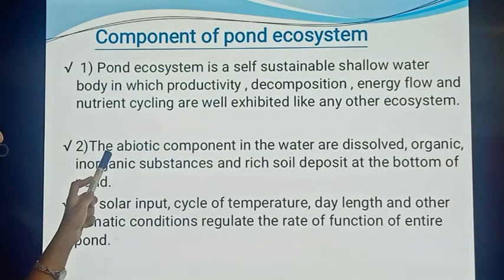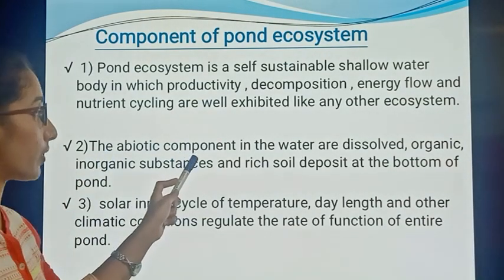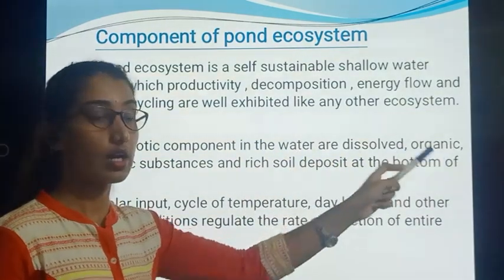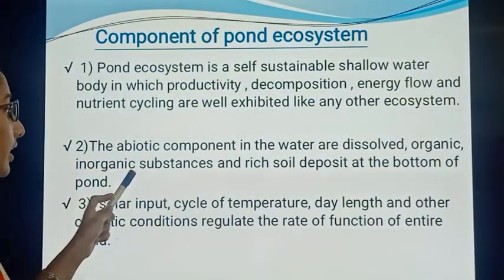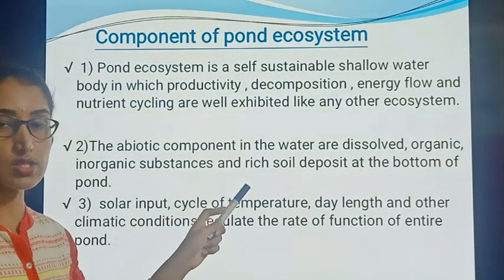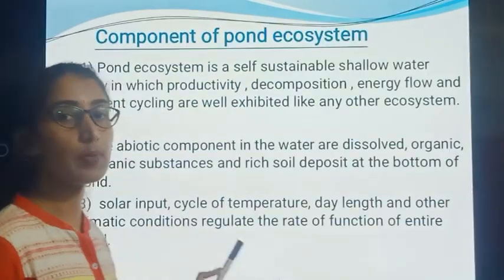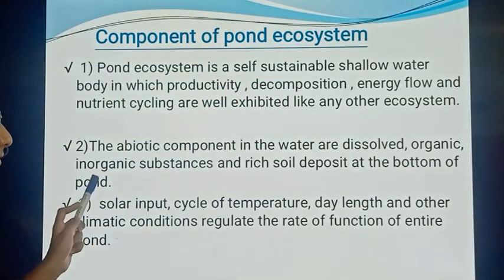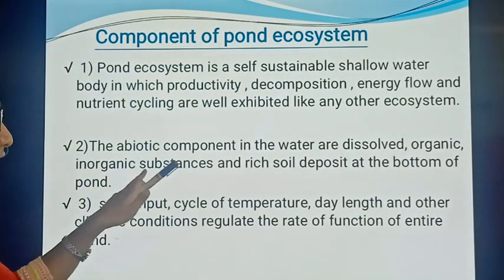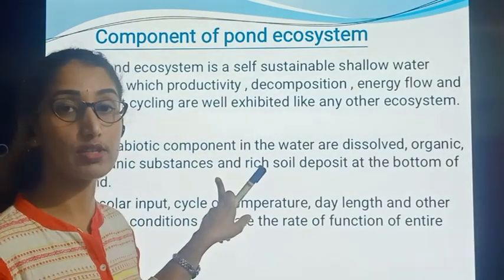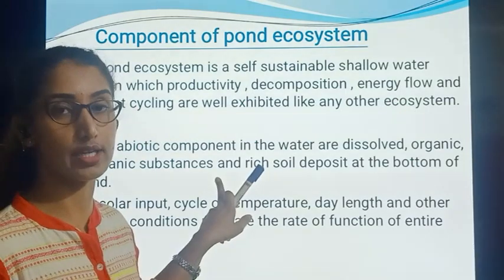The abiotic components in the water are dissolved organic and inorganic substances, and rich soil is deposited in the bottom of the pond ecosystem. Dissolved organic and inorganic substances will be in the dissolved condition in pond ecosystem.